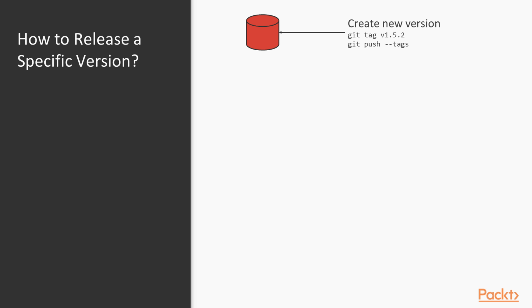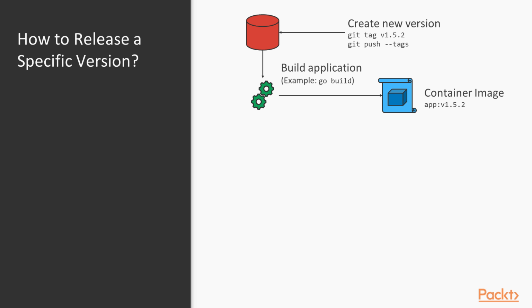Often, you want not just to release the latest version of your application, but rather a specific one. For example, if you have pushed a new Git tag, in this example version 1.5.2, you would expect your deployment pipeline to deploy that exact version to your Kubernetes cluster. Just as usual, you can build the application into a container image, and typically that image tag will match the just pushed Git tag.